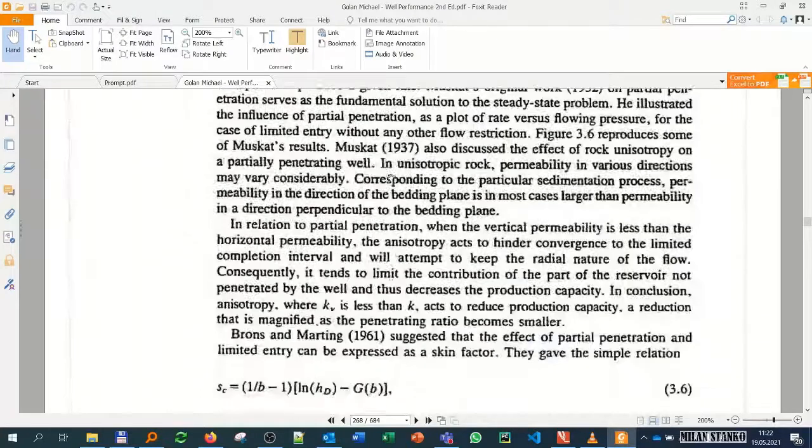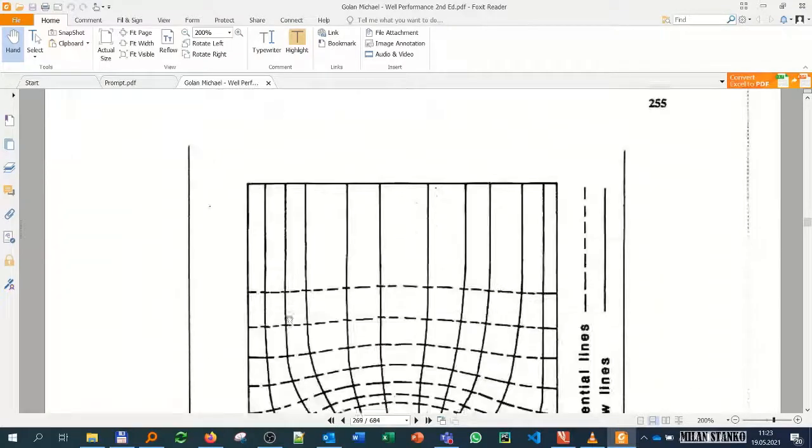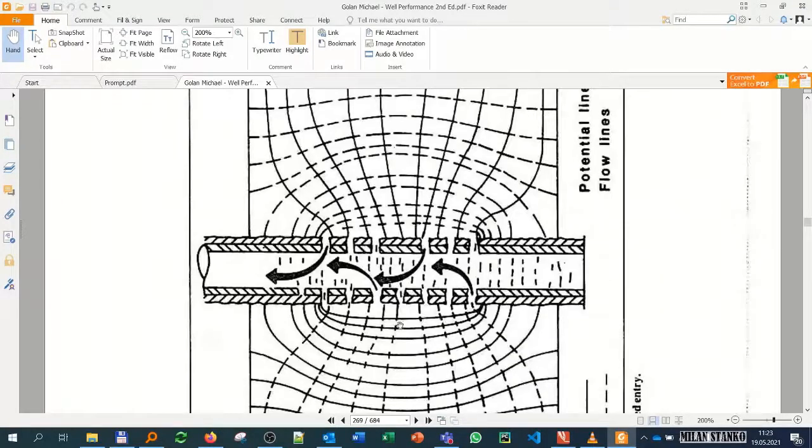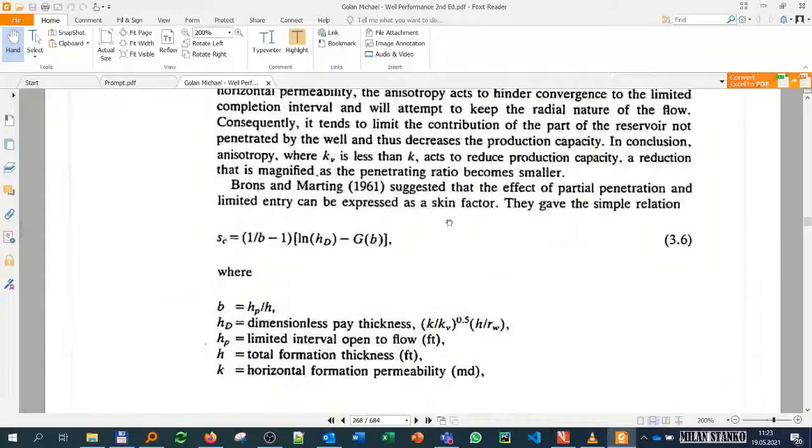You see one expression taken from Brons and Marting on partial penetration, where the skin is a function of different things: the total length of the interval, the horizontal permeability, the actual interval that you perforate, that you completed. And here you have a nice sketch of how the flow is with partial penetration. So you have many expressions for different conditions.